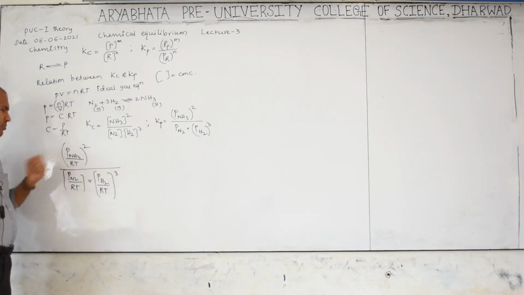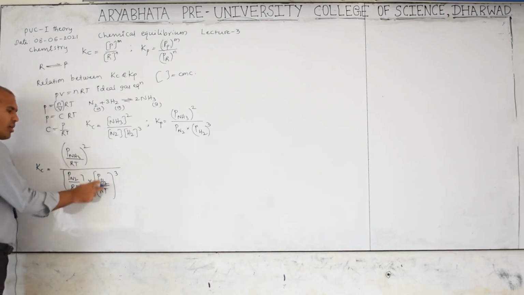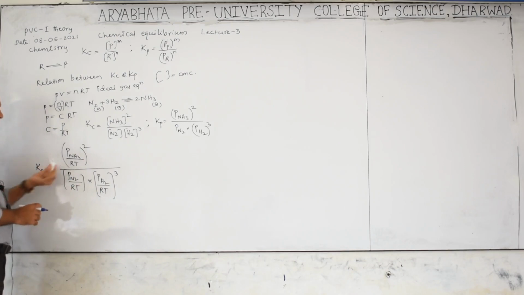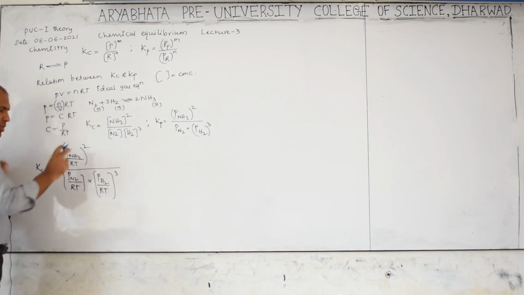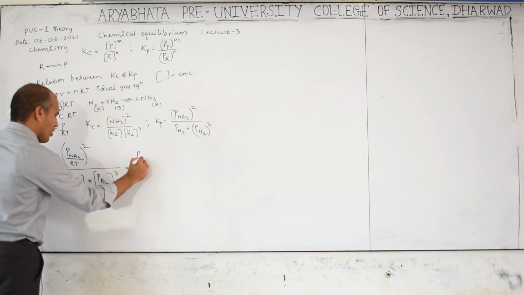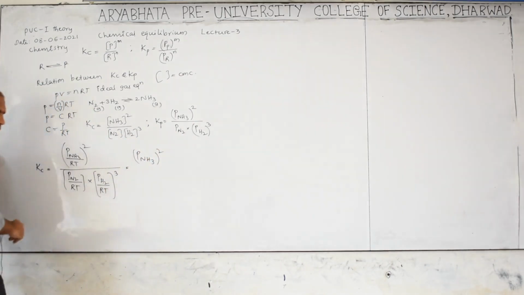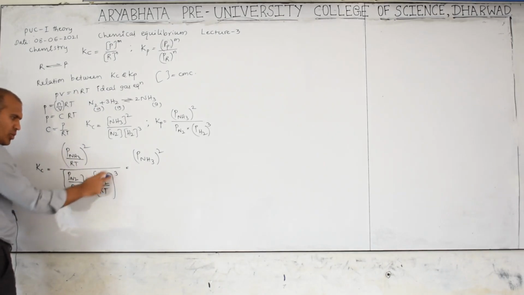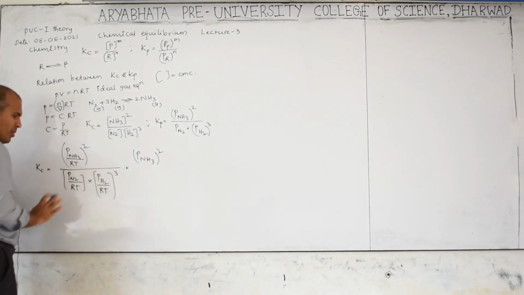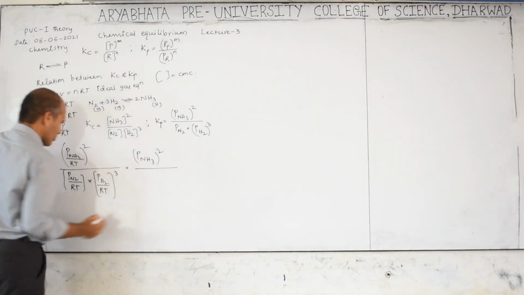This is concentration P by RT. Keep in mind, in the denominator RT whole square is there, here RT power 3 and RT power 1. So here 2 times, here 4 times, then 2 times cancel. How many times left? 2 times left. Therefore I can write pressure of NH3 whole square, and the RT 2 times cancel.